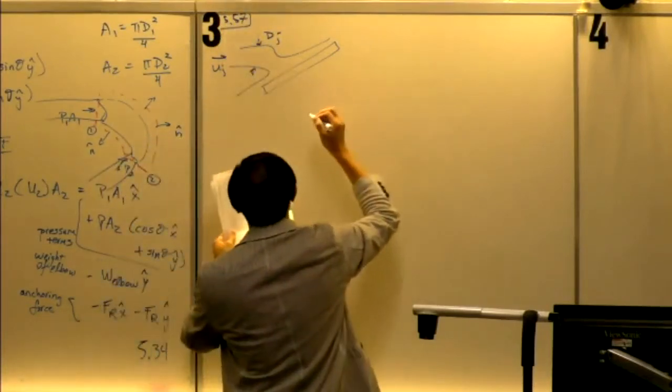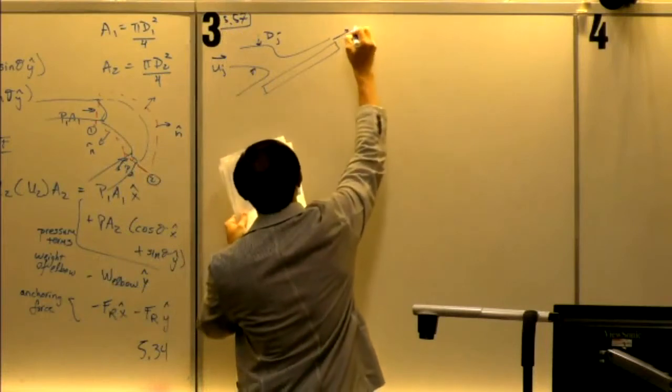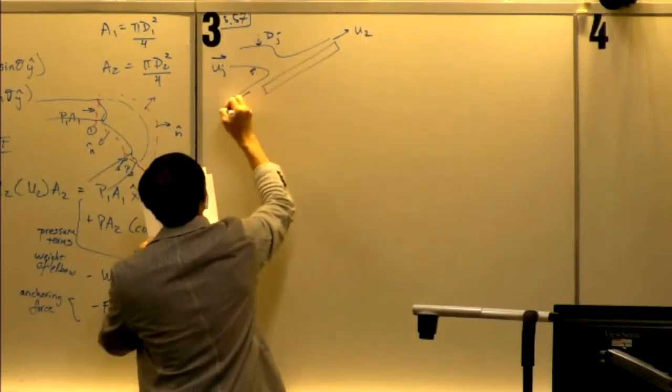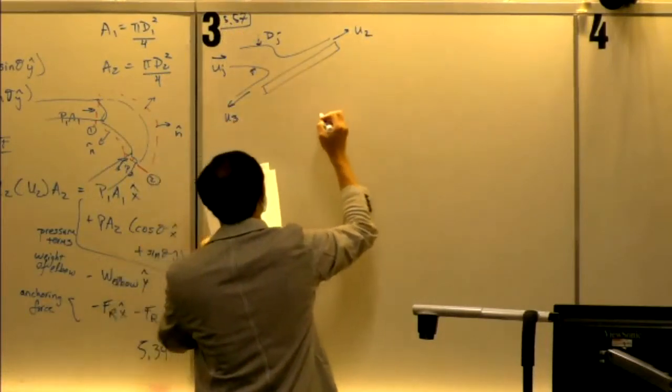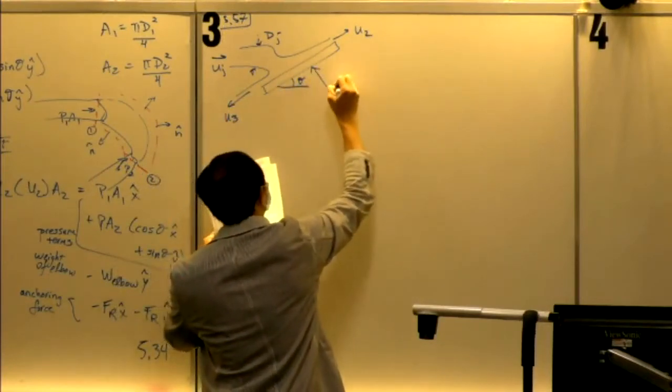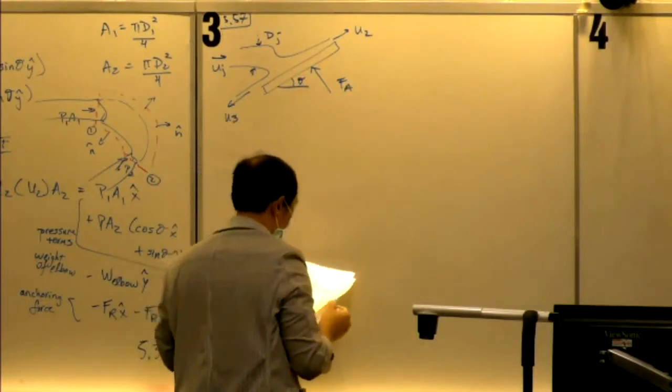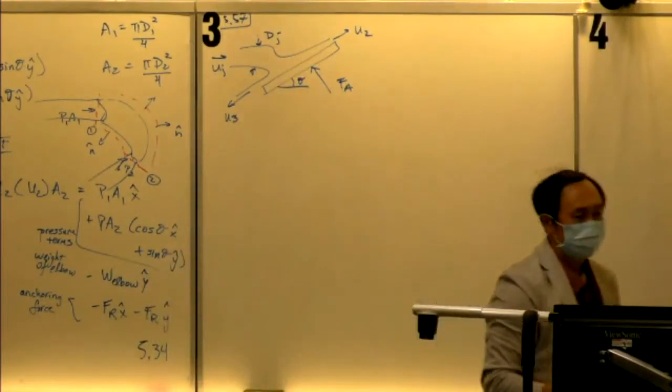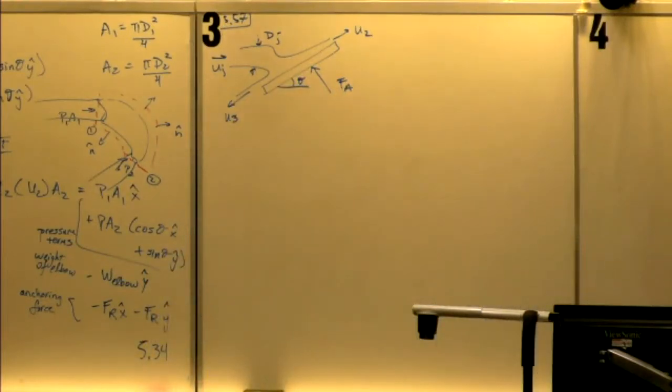All right, so that's DJ for the diameter, U2, U3, theta, F anchoring.